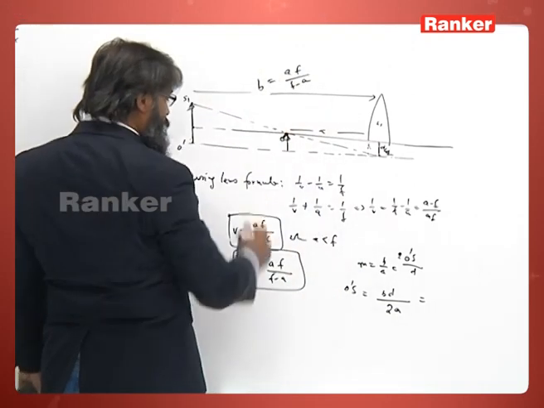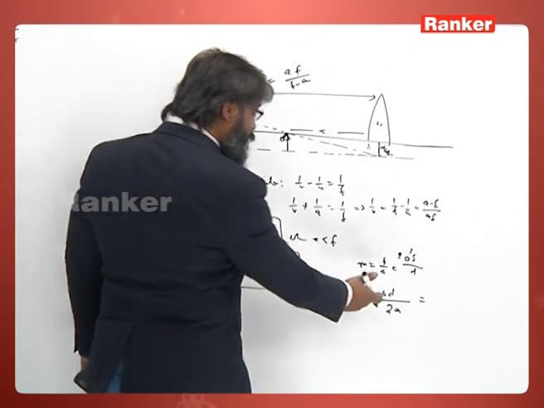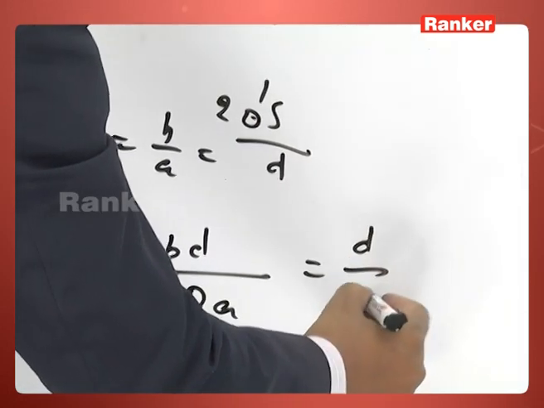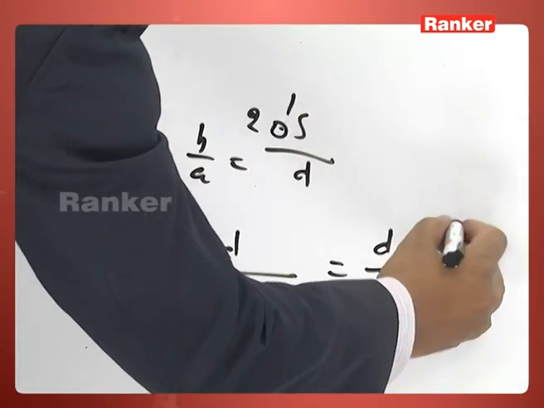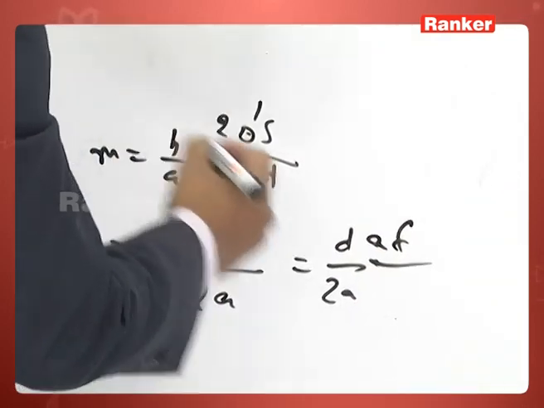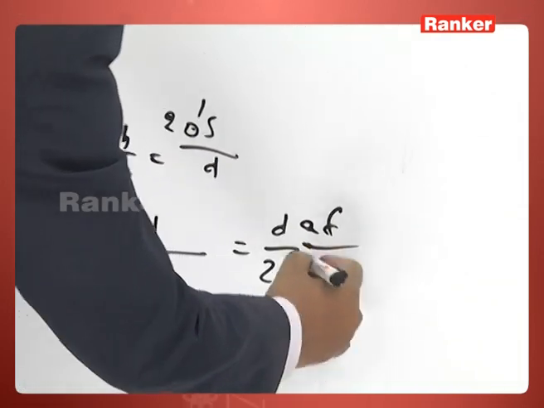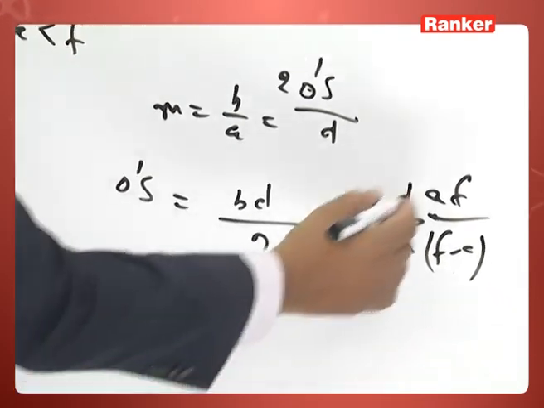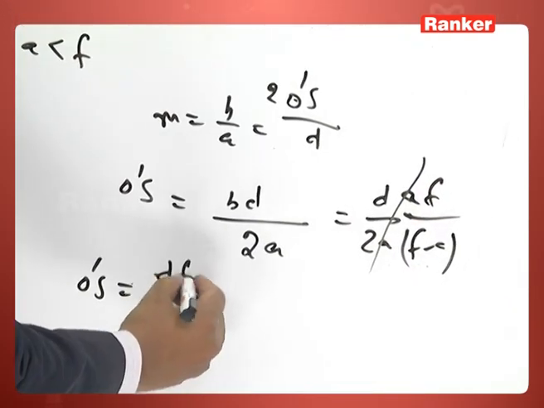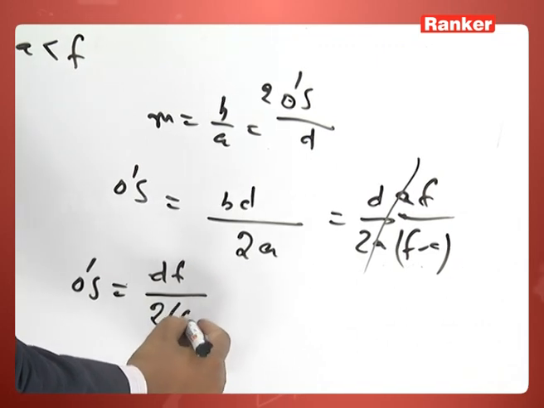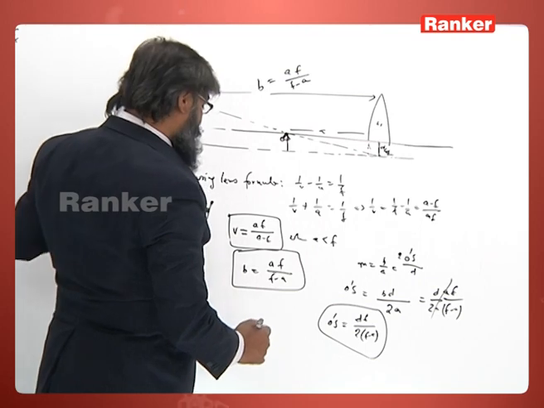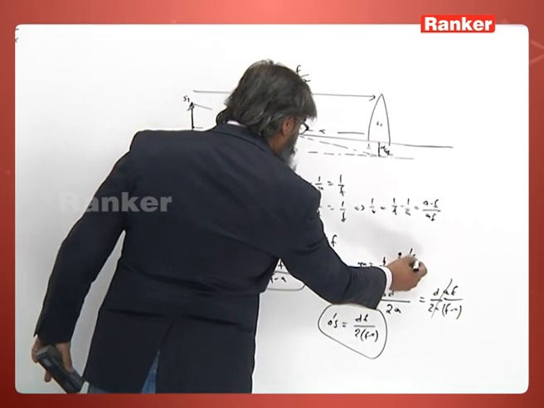Now, B is this and D is already known, so we put D by 2A times AF by (F minus A). So O dash S is equal to, this A cancels, DF by 2(F minus A). This is O dash S1.